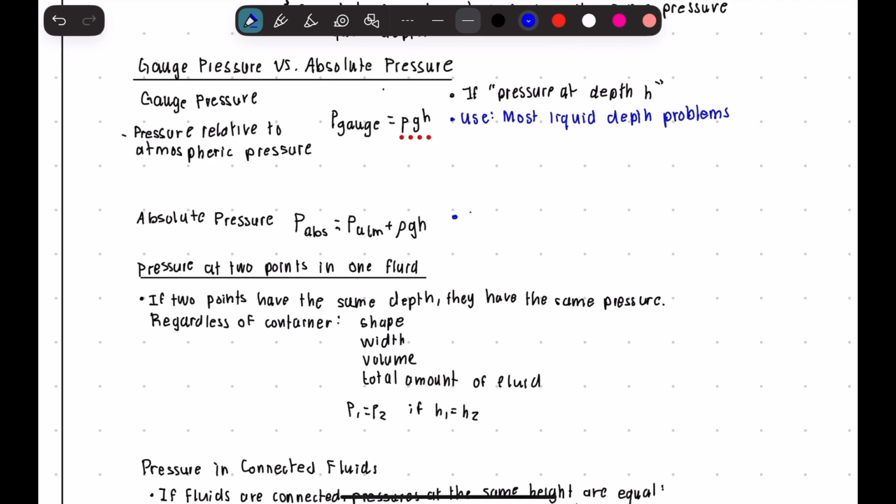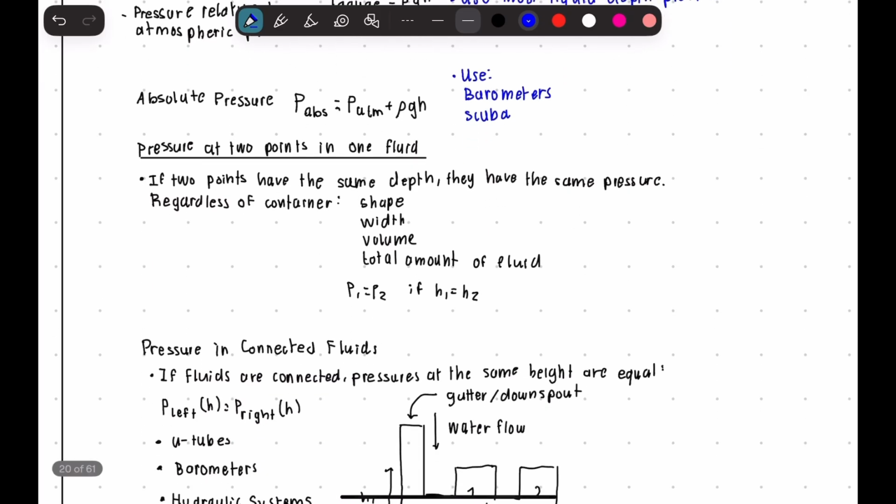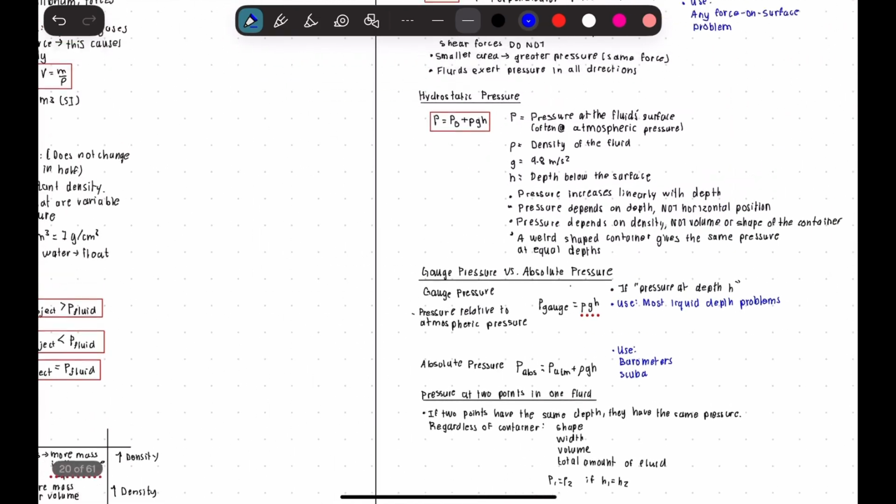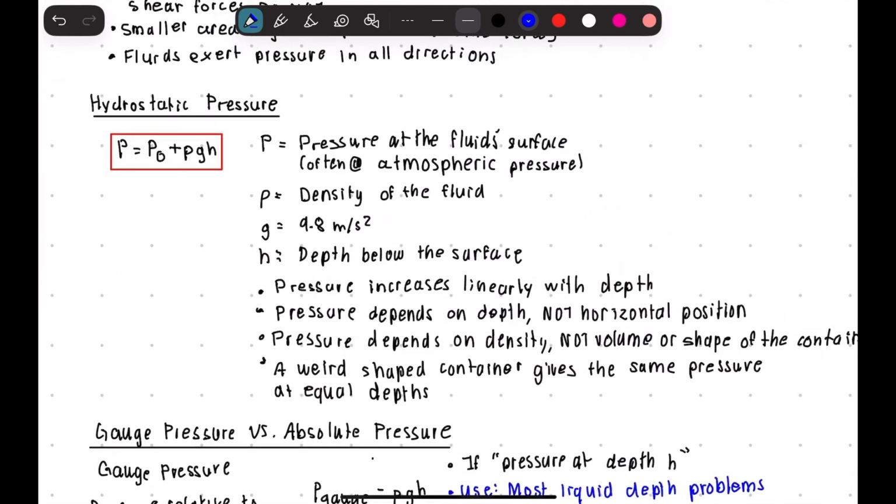Absolute pressure is used on barometers and scuba. Pressure at depth is the same thing as this.